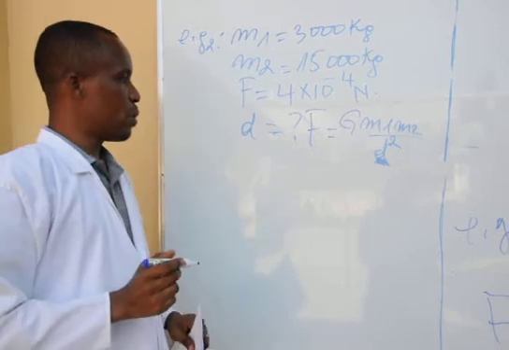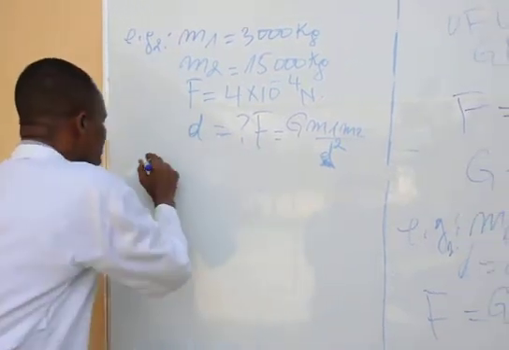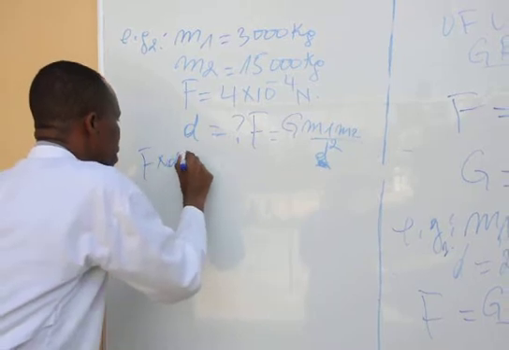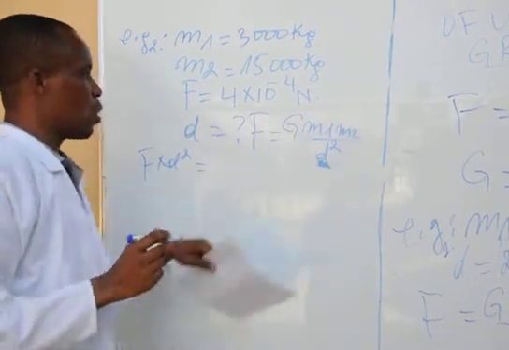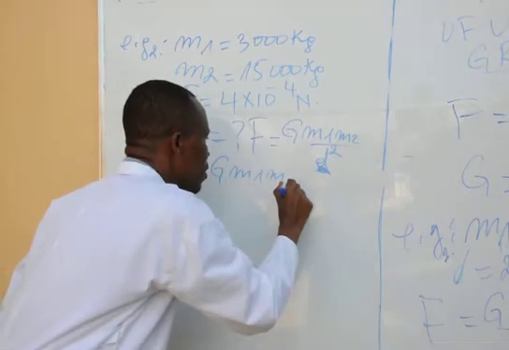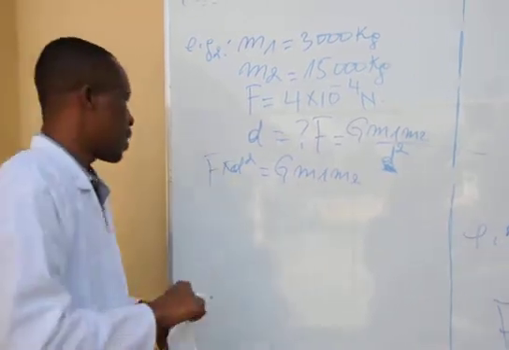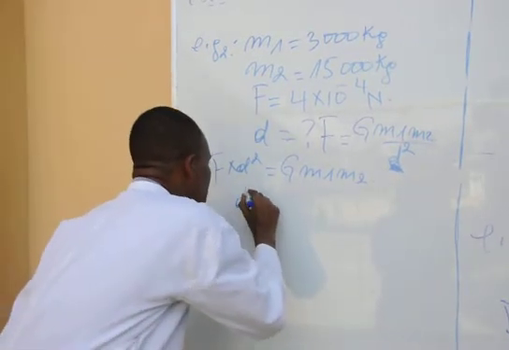What can we do? First of all, when we take the force F times d squared, F times d squared is equal to G times M1 times M2. This is the first step. The second step is this one.